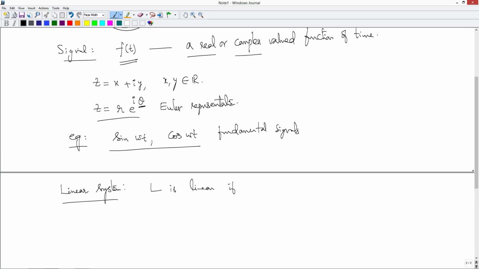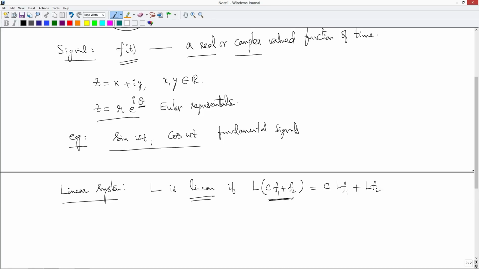The usual way: you can take a linear combination of two inputs, c f1 plus f2. If giving this as the input gives the same as c times the output for input f1 plus the output for input f2, then we call this a linear system.